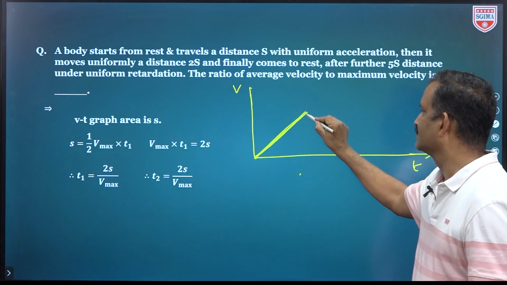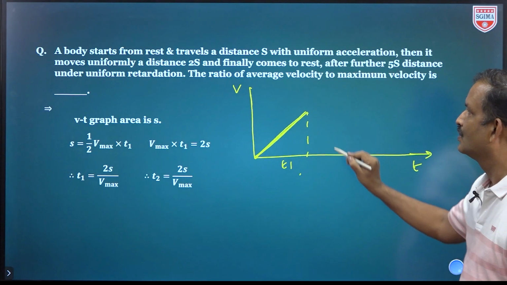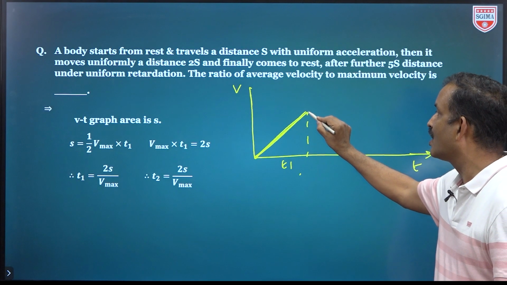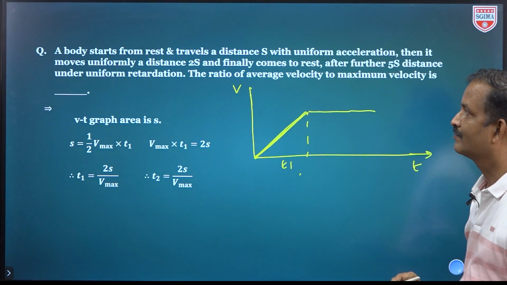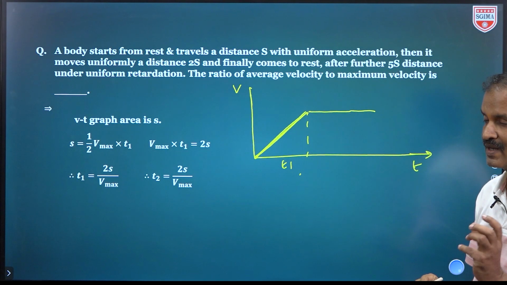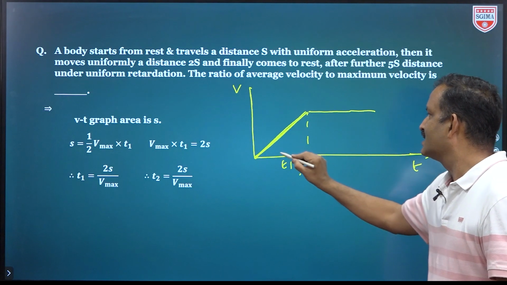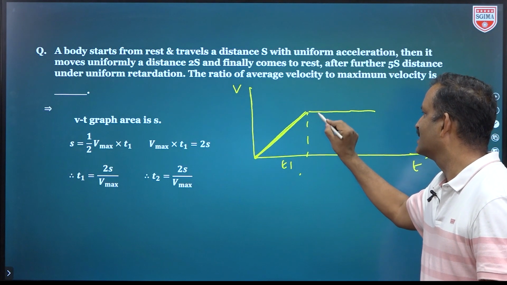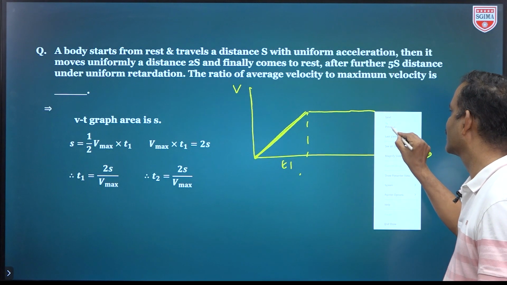For this time, then it moves uniformly. Uniformly means velocity constant. Uniform motion means velocity is constant. That distance, this distance is s, this distance is 2s, and finally comes to rest, retardation.